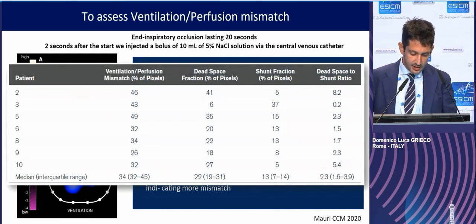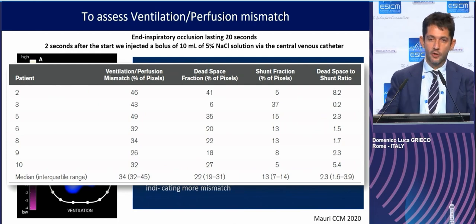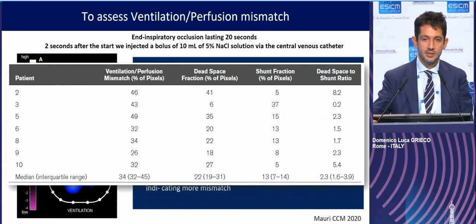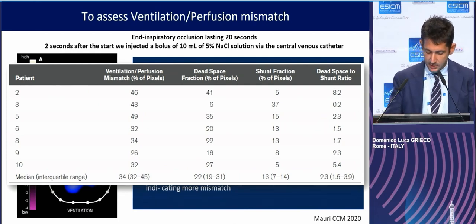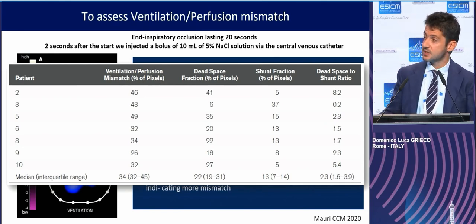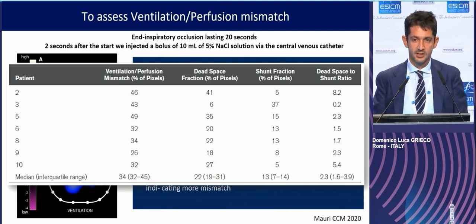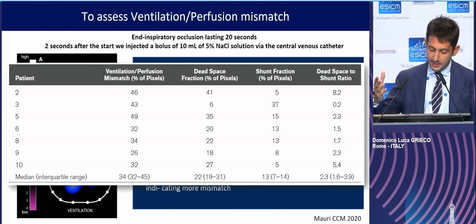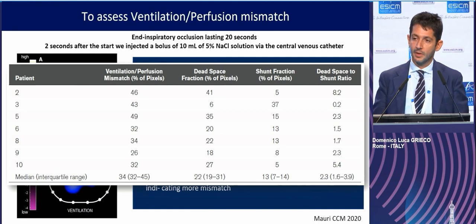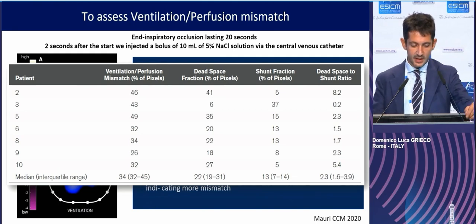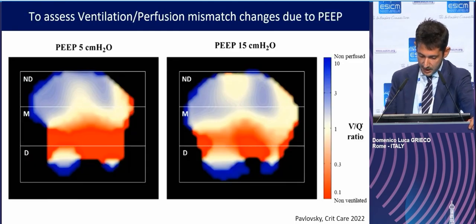And if you see here, the behavior in these 7 COVID-19 patients was actually heterogeneous. And you see that maybe COVID-19 is a particular disease in which the dead space fraction and related ventilation perfusion mismatch can be very high, but still this technique allows to provide information about this.